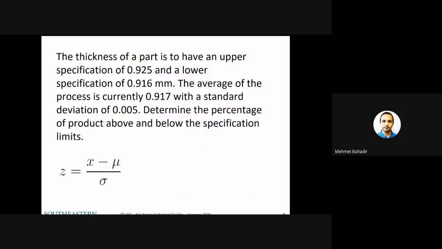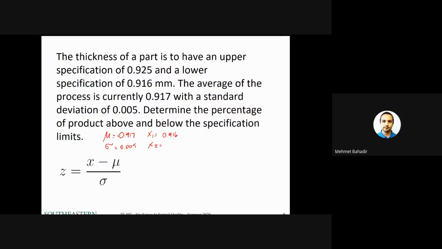So that's a good question. So we have a mean value of 0.917. We have a standard deviation of 0.005. And we have x1 value of specification limits 0.925, x2, no, I want to switch those numbers, 0.916.